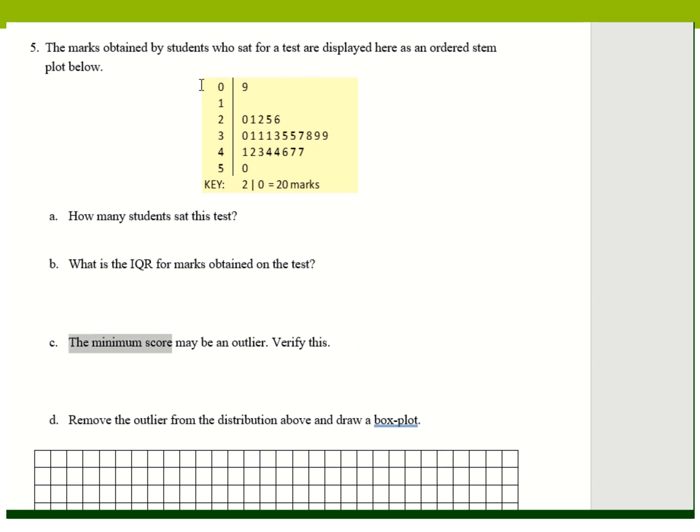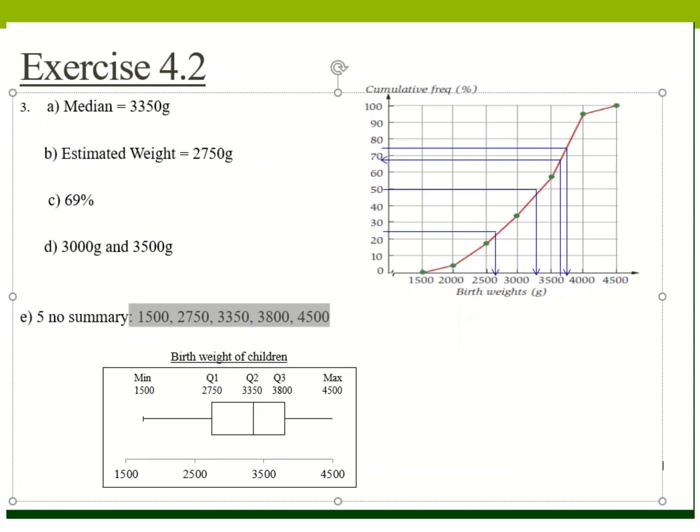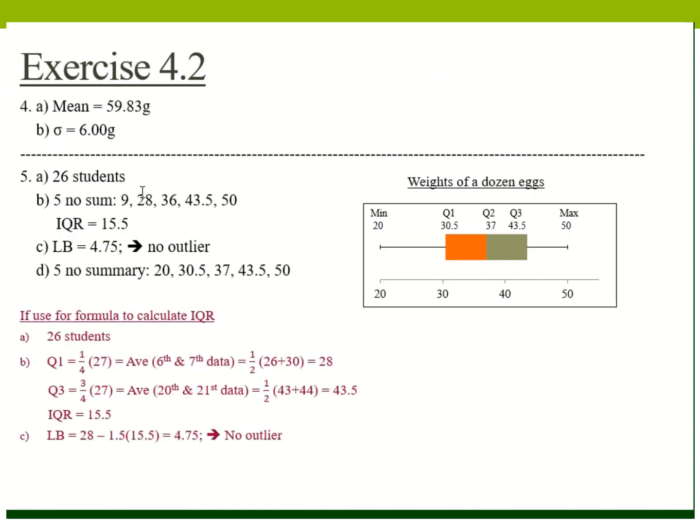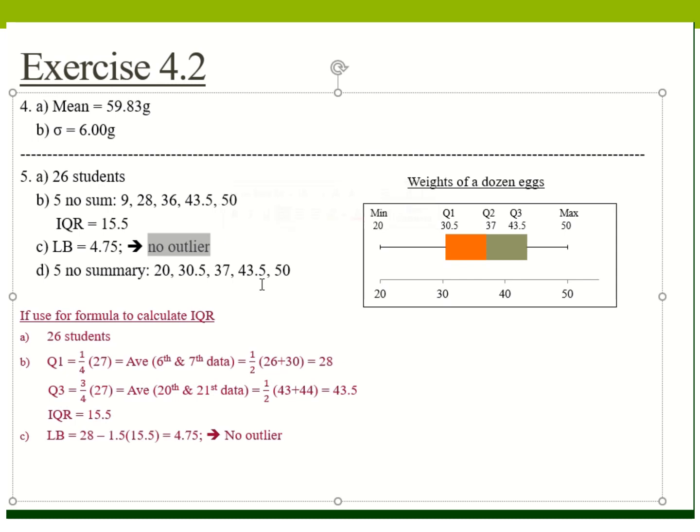They're saying that the smallest one may be an outlier. So because they're saying minimum score, you just find your lower boundary and check whether it's an outlier or not. Okay. So remove the outlier and draw the box plot. Okay, so there is no outlier, so there is nothing to remove. No outlier, no need to worry. Okay, then you just draw the box plot as usual.